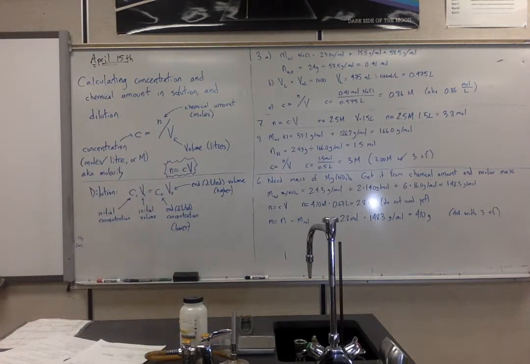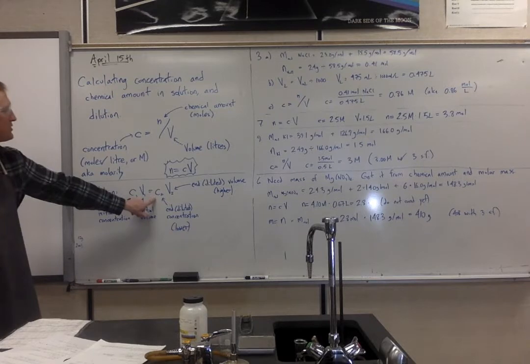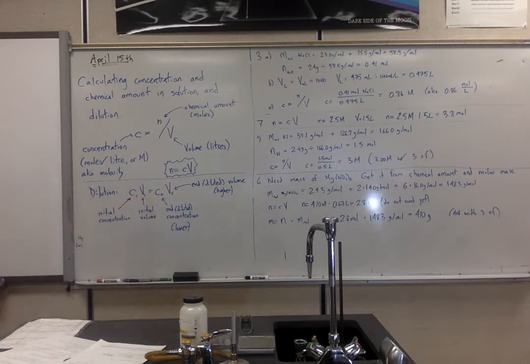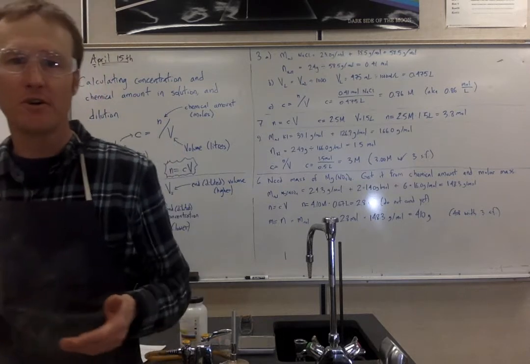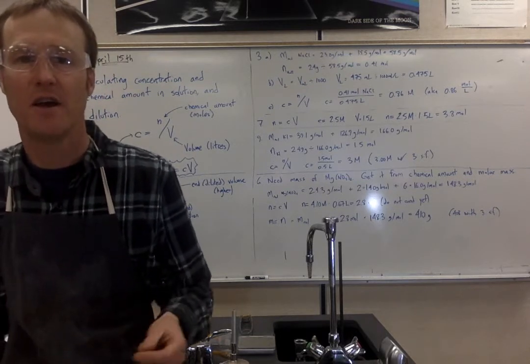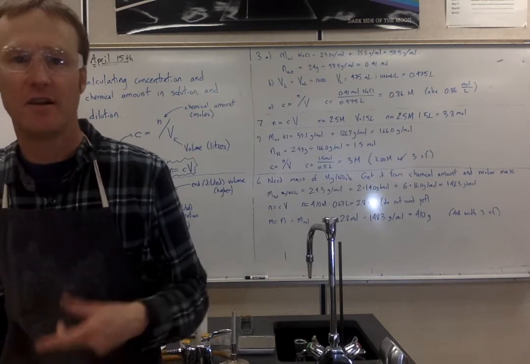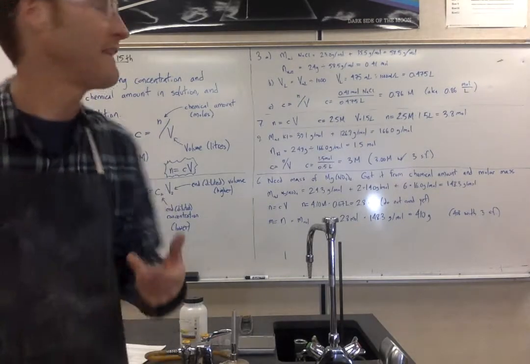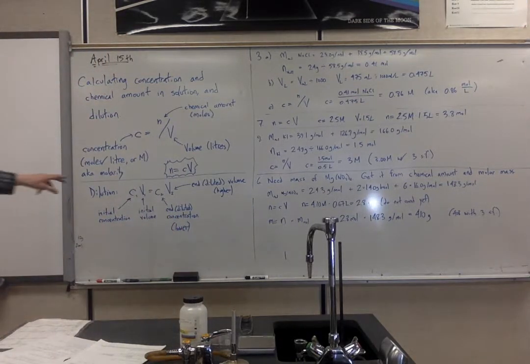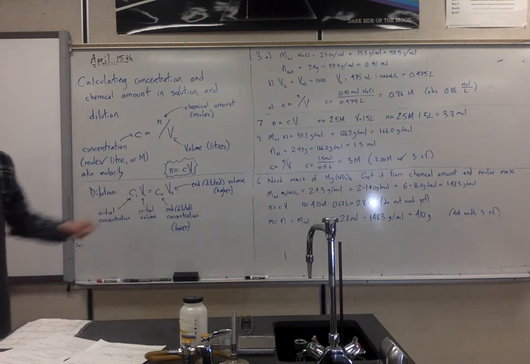C2 is your final concentration. Maybe I want just a 0.1 molar solution, a very weak hydrochloric acid solution. That would be my C2. And then V2 is your final volume.